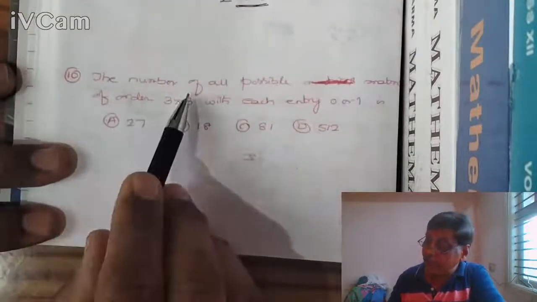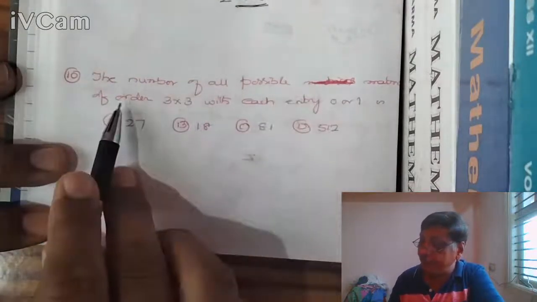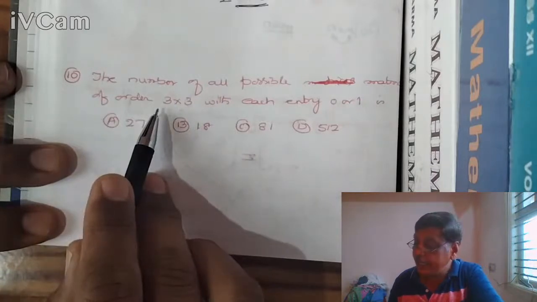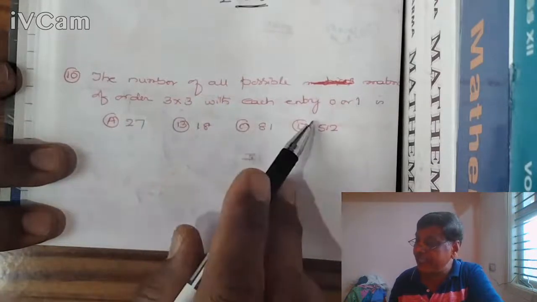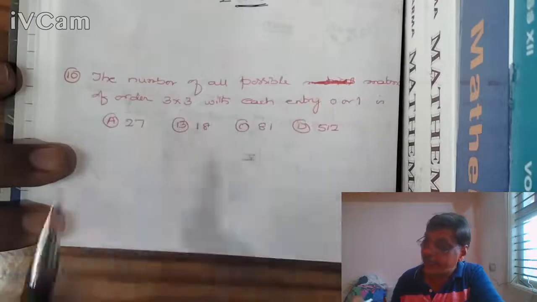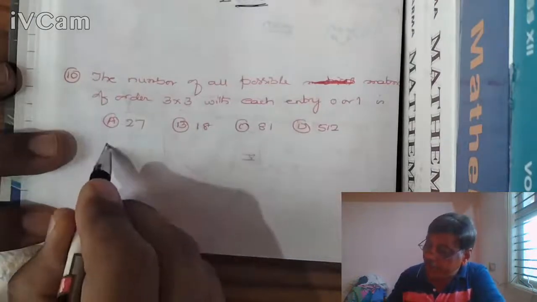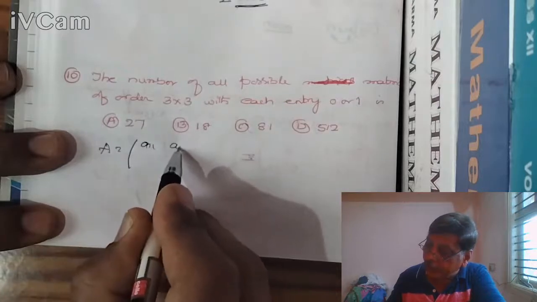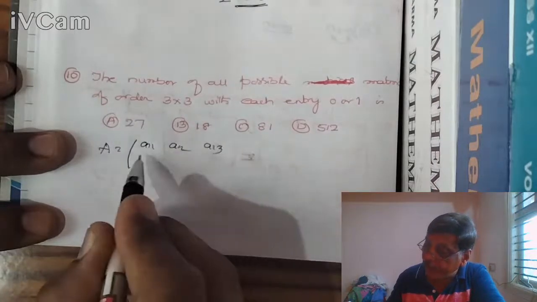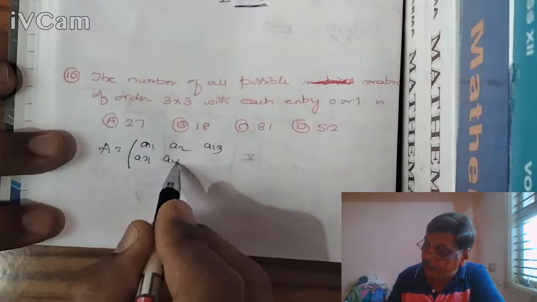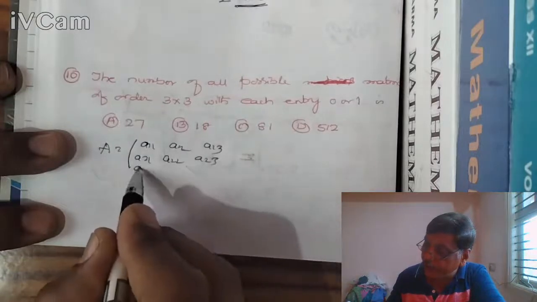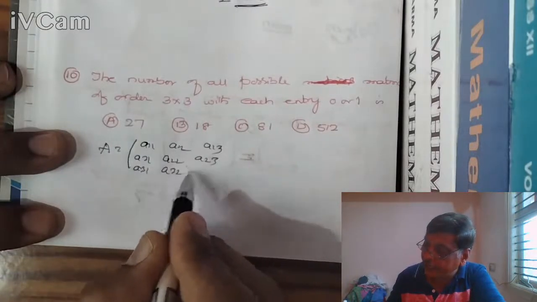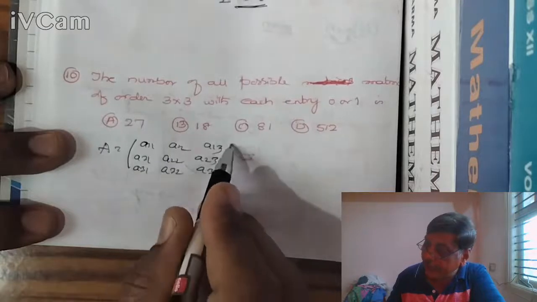The number of all possible matrices of order 3 by 3 with each entry 0 or 1 is. Here A is a matrix of order 3 cross 3: A11, A12, A13, A21, A22, A23, A31, A32, A33.